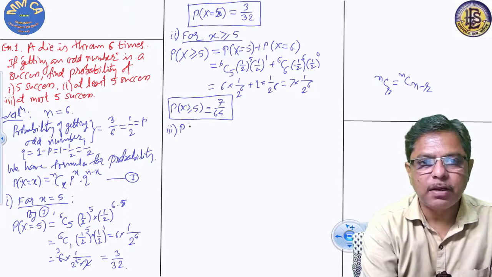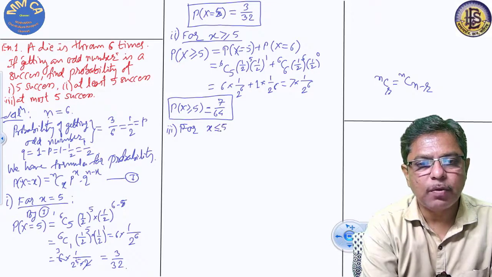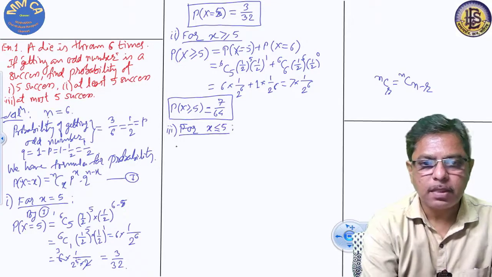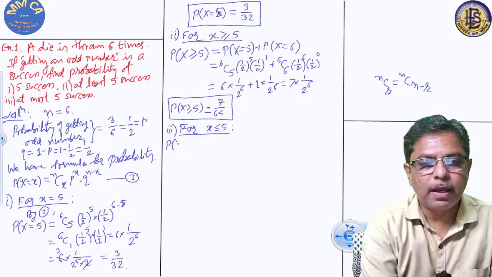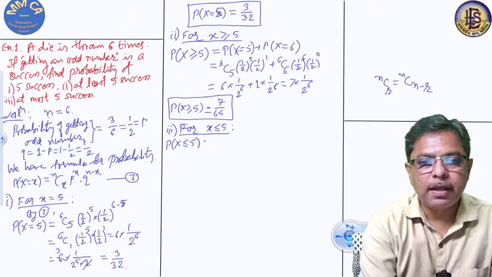We are asked to find for at most, X is less than or equal to 5. So probability of capital X is less than or equal to 5. Means what?